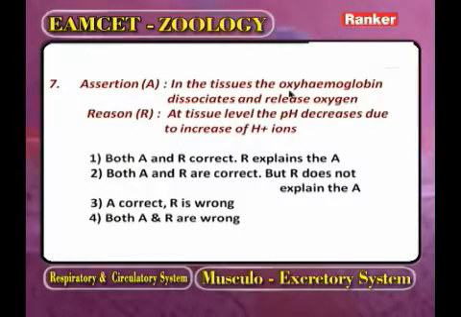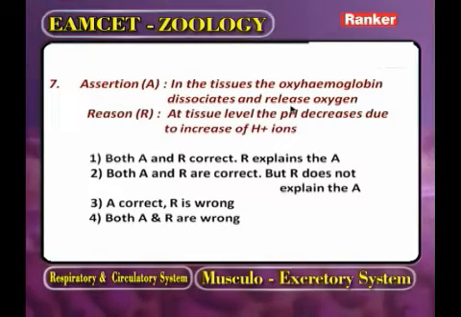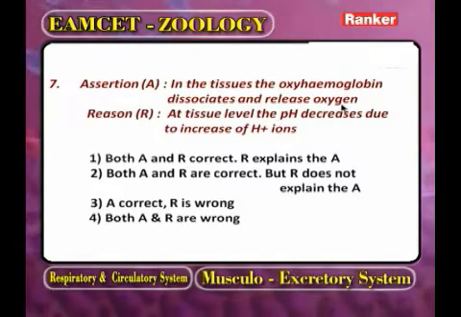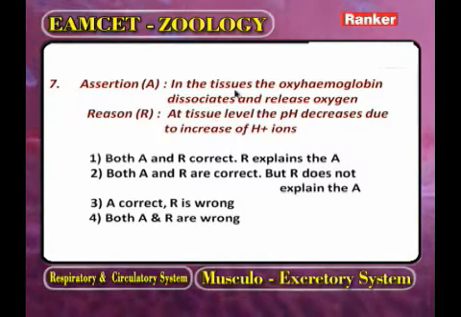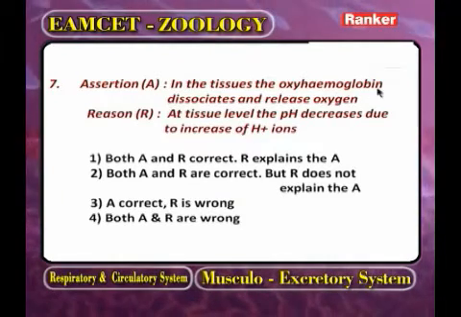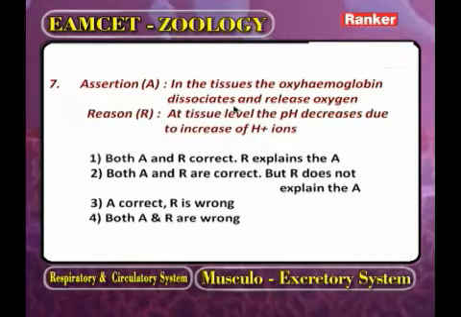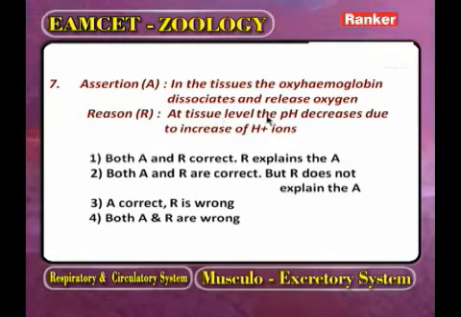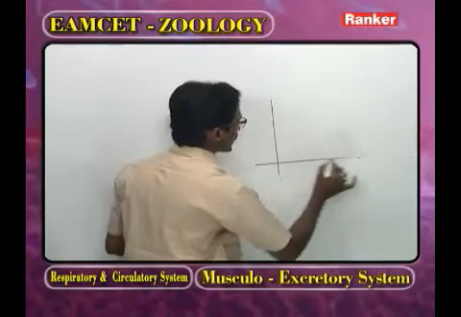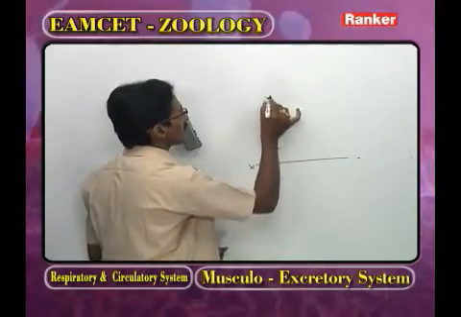In the tissues, oxyhemoglobin dissociates and releases oxygen. Again repeating, in the tissues, the oxyhemoglobin dissociates and releases oxygen. Reason: at tissue level, the pH decreases due to increase of H plus ions. Now as we observe the graph, this one we call the x-axis and y-axis.